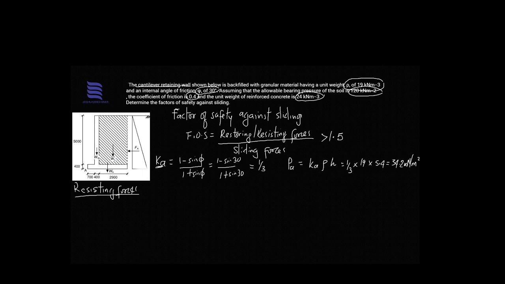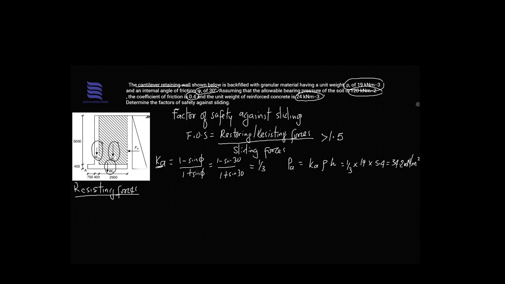If we look into the whole thing properly, we would see that we have certain forces that want to keep this retaining wall in position, and other forces trying to keep it out of order. The first of those forces is the weight of the retaining wall itself. It tends to keep it down in position. The weight of the backfill also tends to keep it in position, and the weight of the base tends to keep it in position.